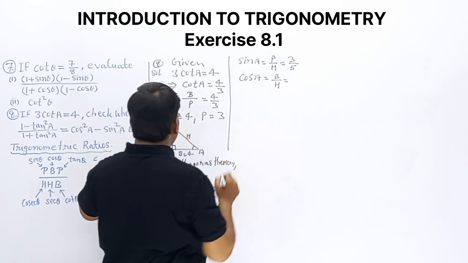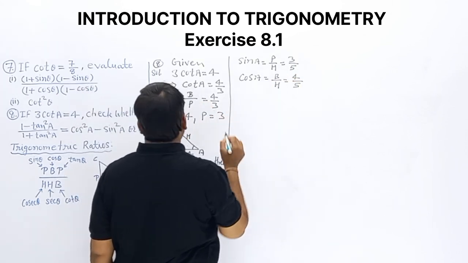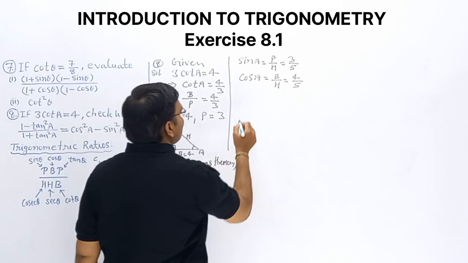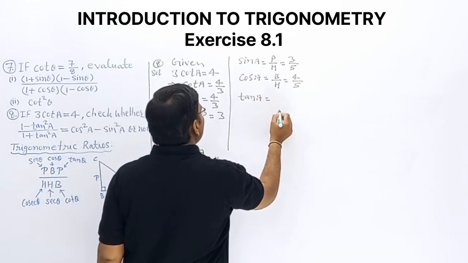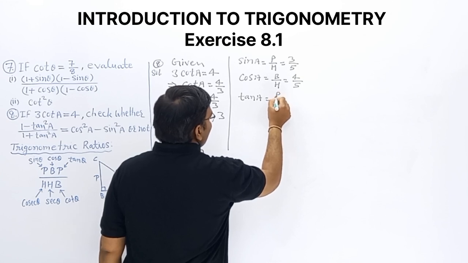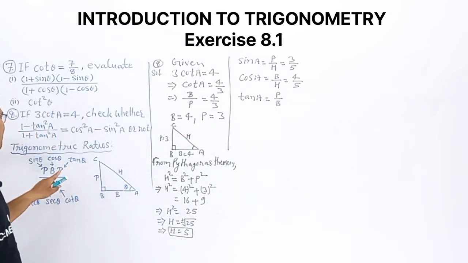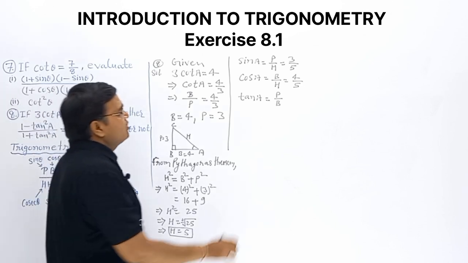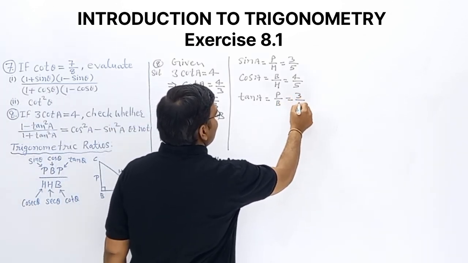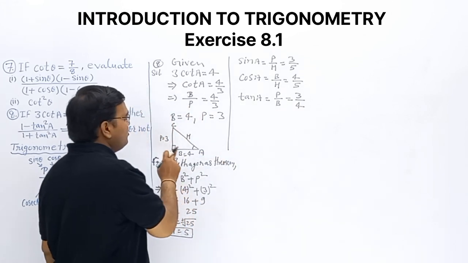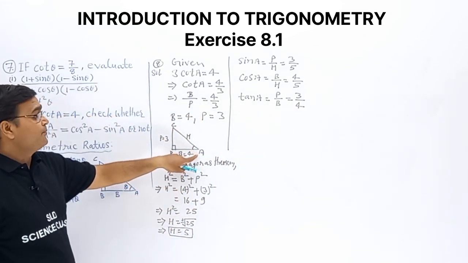Base is 4 and hypotenuse is 5. And one more we want, tangent A. Tangent A will be perpendicular upon base. Perpendicular is 3 and base is 4, when A is an acute angle.